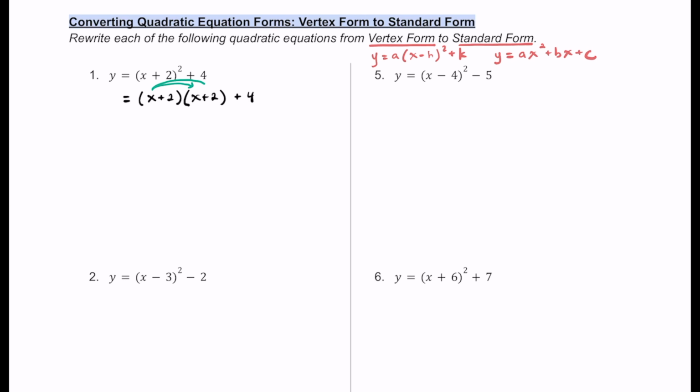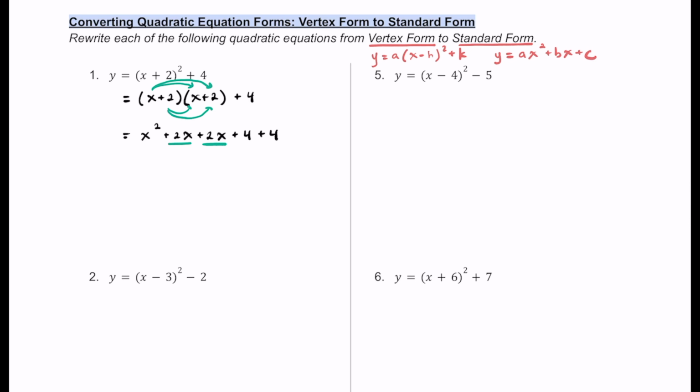So x times x, x times 2, 2 times x, and then 2 times 2, right? I'm going to write this first one out a couple more steps than I will for the others. But we're going to get x squared plus 2x plus another 2x plus 4 plus another 4, okay? At this point, you're going to notice that we have some like terms here. So we have this 2x and 2x, they can be combined.